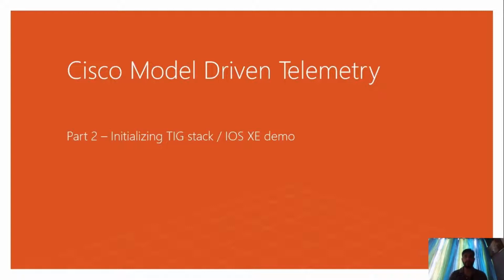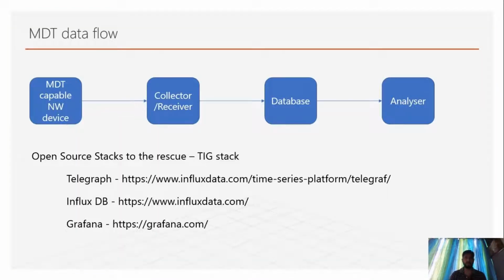But before we go into the practical part of it, let's see the agenda or the steps involved in initializing the data flow. As we saw in the previous video, the MDT capable network device, in this case an iOS XE device, is going to send the data to a collector or receiver.